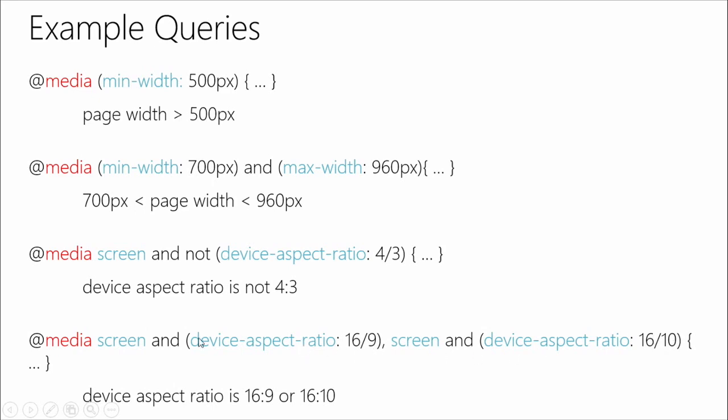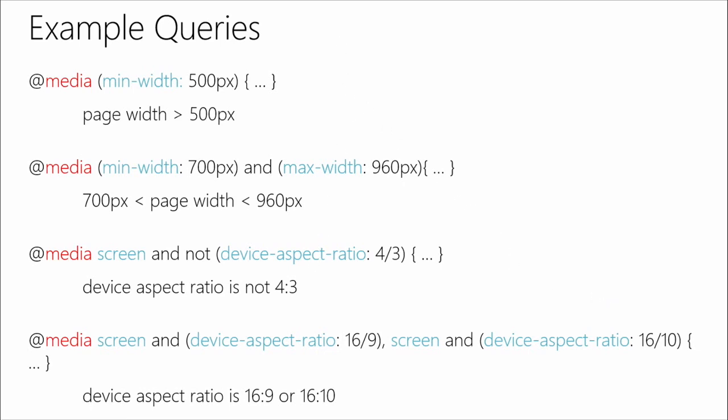So these would just query for these two aspect ratios, and it would apply only if the aspect ratio is 16:9 or 16:10, so widescreen devices, for instance.